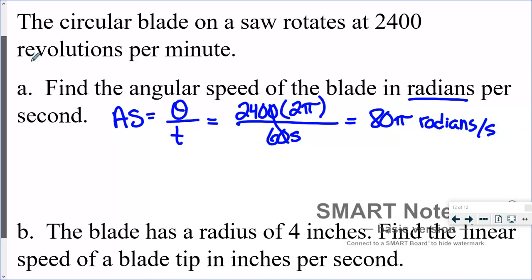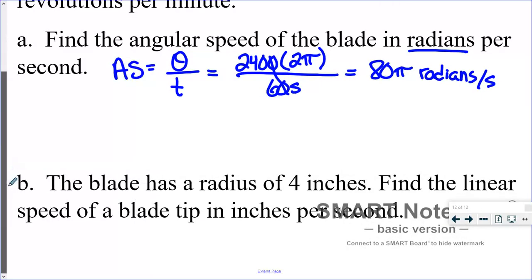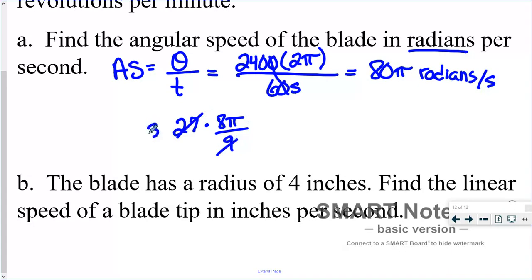The only one that I'm confused about is when we did the radius of 27. How do we get 245 when we did 27 times 8 pi over 9? It shouldn't be 245, right? Because 27 divided by 9 is 3, and 3 times 8 pi is 3 times 8, which is 24.